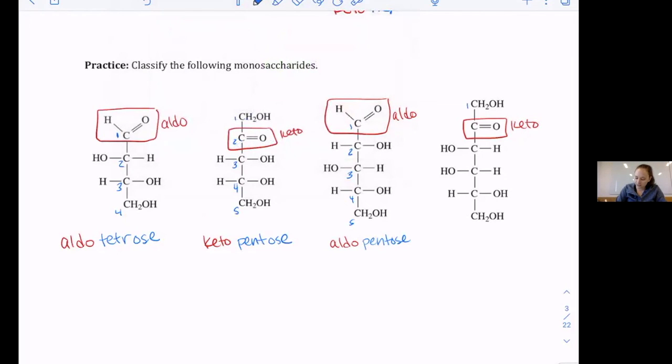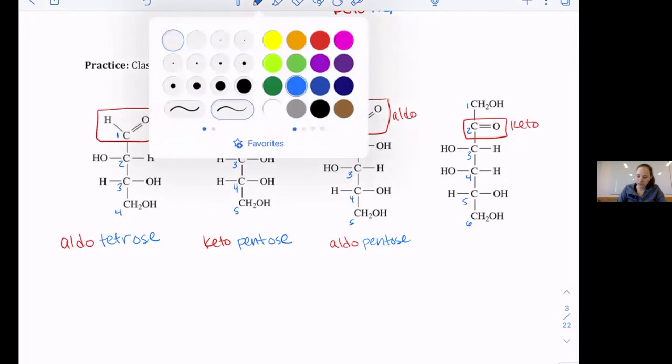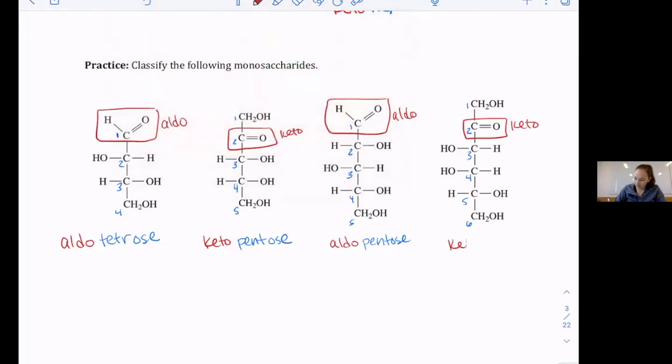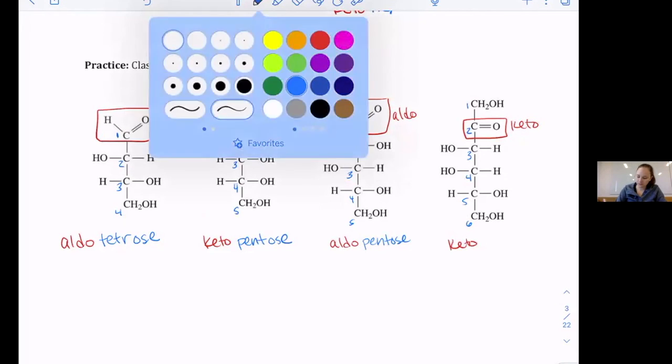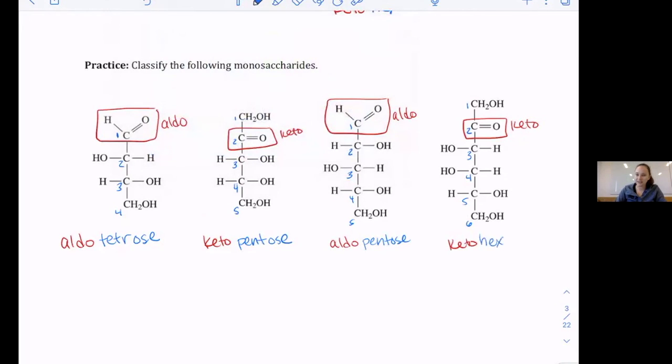And then our last one, we have 1, 2, 3, 4, 5, 6 carbons long. So we will have a ketohex showing 6, and then ose showing a sugar. Okay, so that's how we classify monosaccharides, especially in their linear form. We'll have to do this in their cyclic form as well. And yeah, that's where we're at.